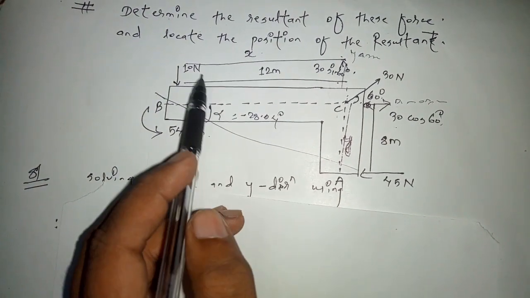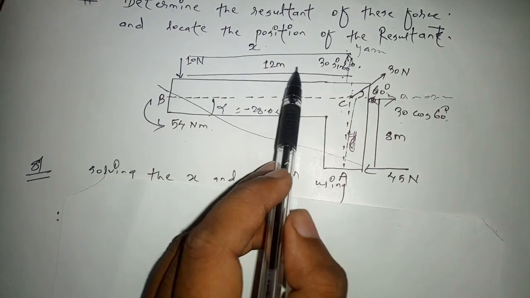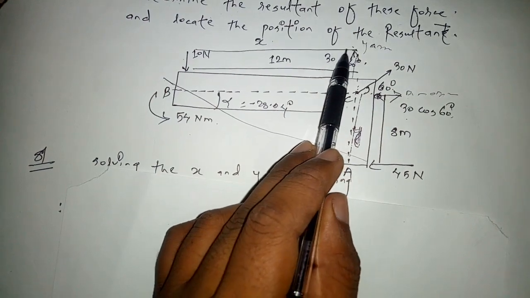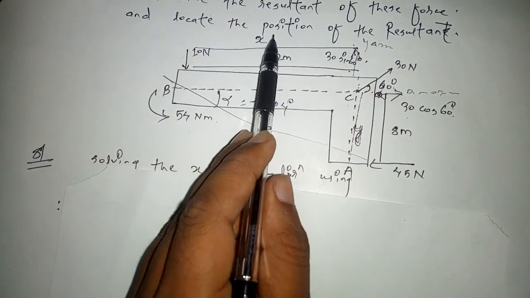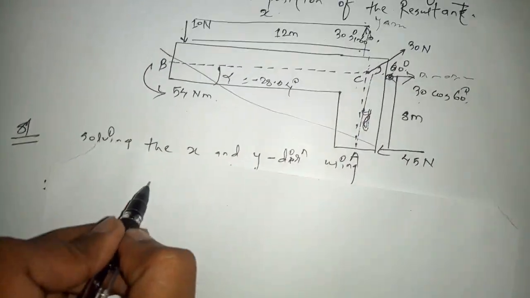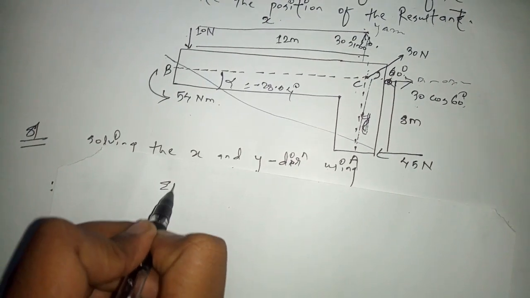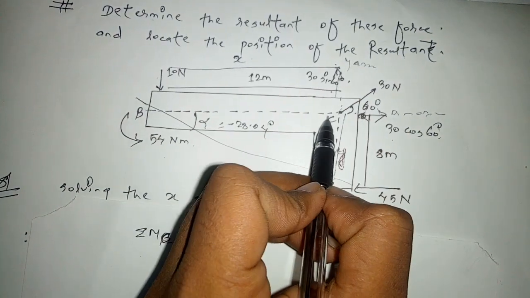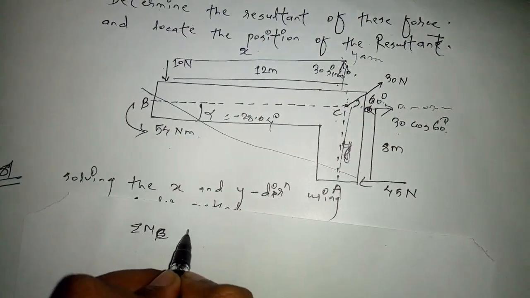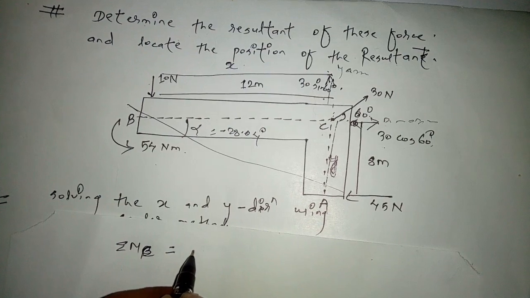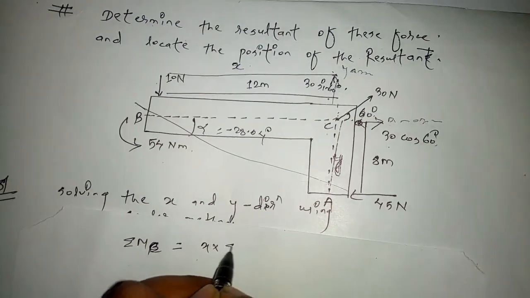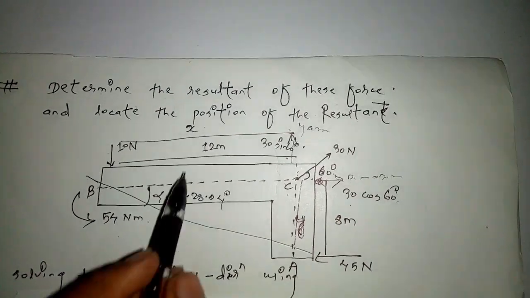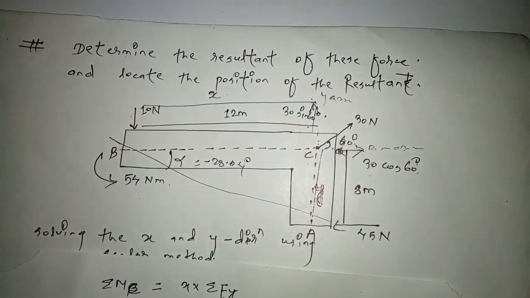If we get the value of x and y, this will be the final answer. Before finding the value of x and y, look here, one thing is that if we have to find x along the x-axis, then we have to write the summation of moment at point C. So x into summation of Fy.